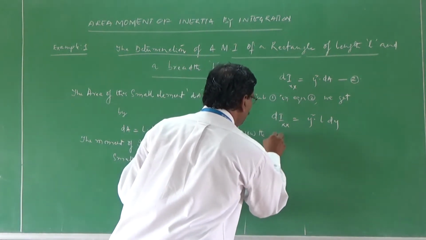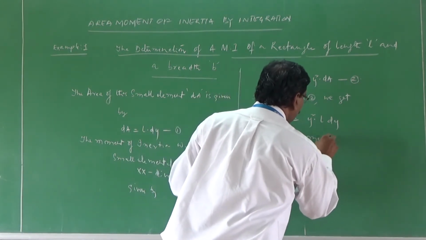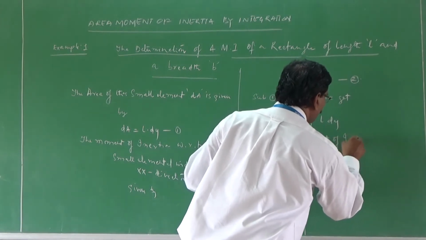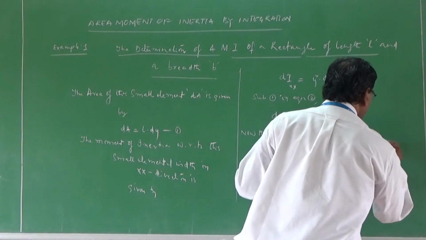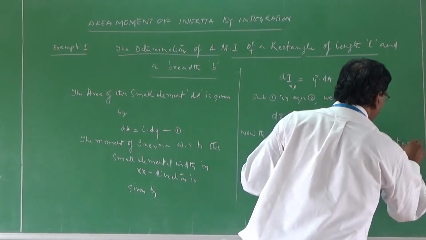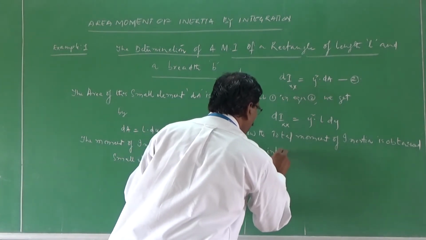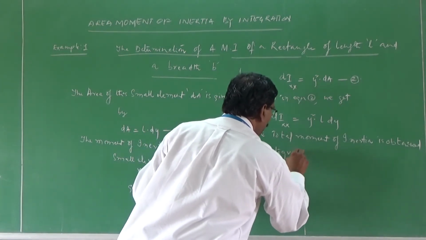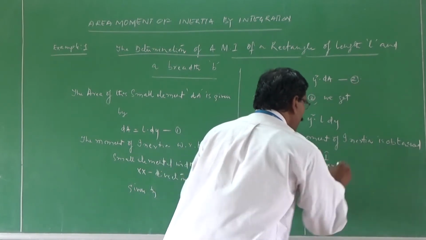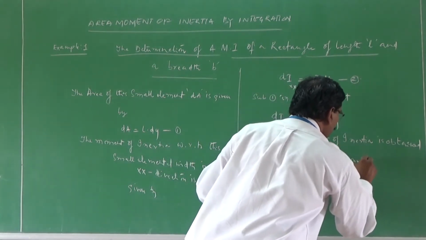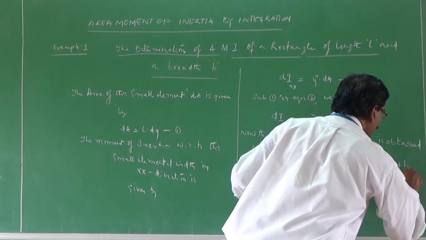The total moment of inertia is obtained by integrating dIxx from minus b by 2 to plus b by 2.